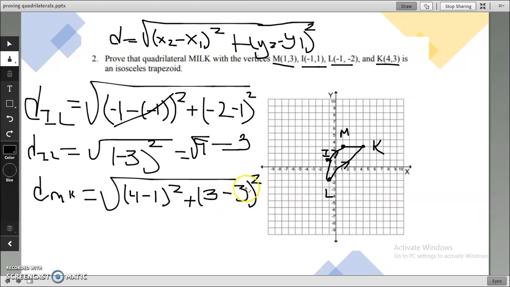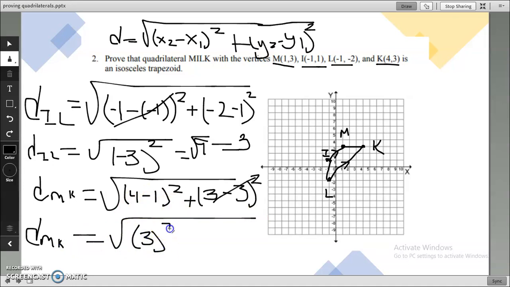Again, I get 0. 3 minus 3 is 0, so we don't even need that part. And 4 minus 1 is 3. We already know that 3 squared is 9, and the square root of 9 is 3. So it checks out. They are congruent, so that means this is an isosceles trapezoid. And I hope that this helps.